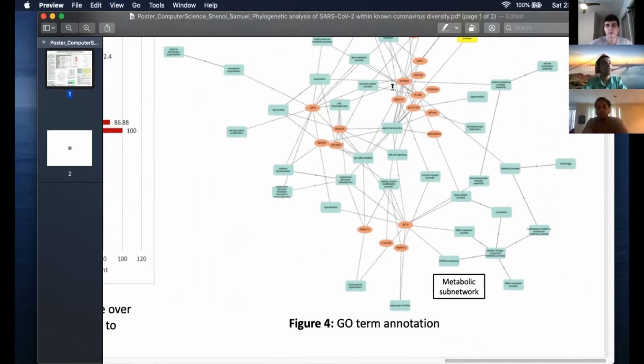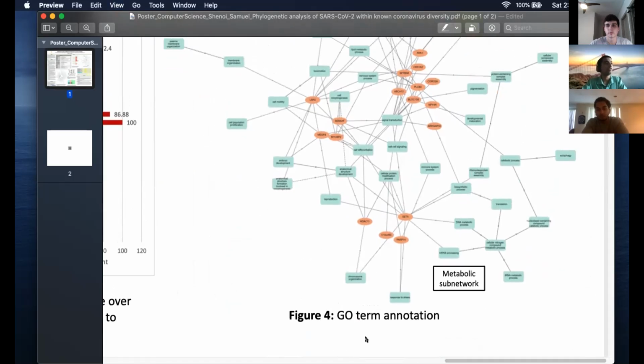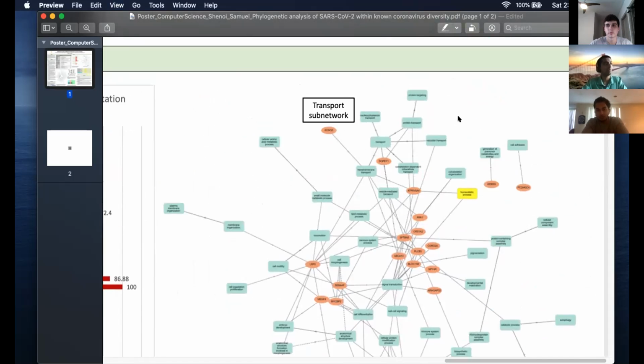As you can see, the genes here are in this orangish color, and the terms that they're associated with are in this turquoise color. Down here, we can see those genes that function more on a metabolic subnetwork, and up here, we can see more of the transport type genes.